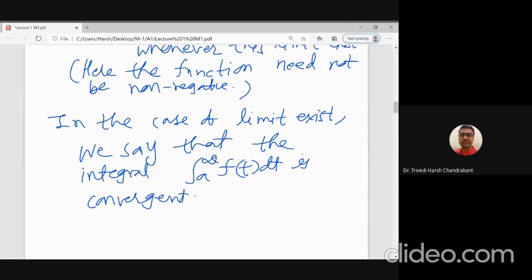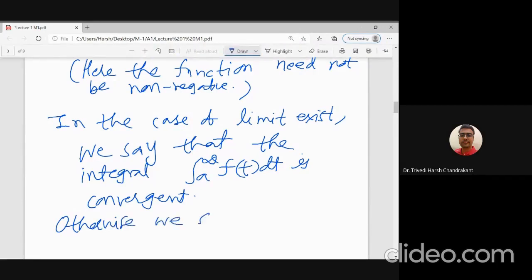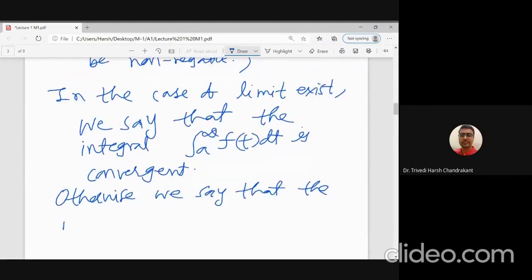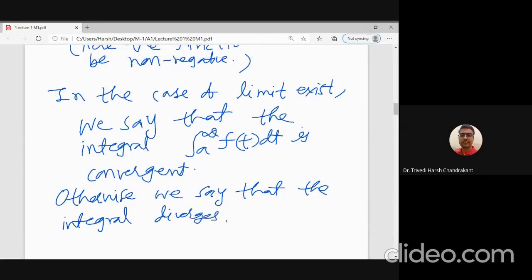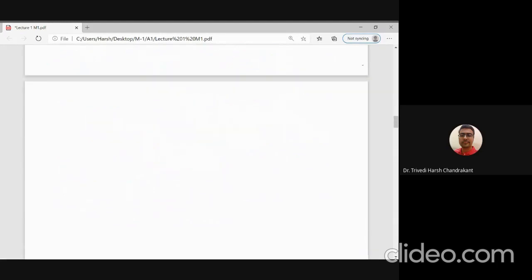All right. So there are two possibilities: either this integral is convergent or it is divergent. Otherwise, we say that the integral diverges. So let us see some examples of when the integral converges and when the integral diverges.